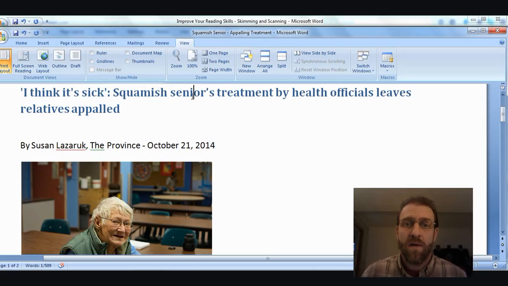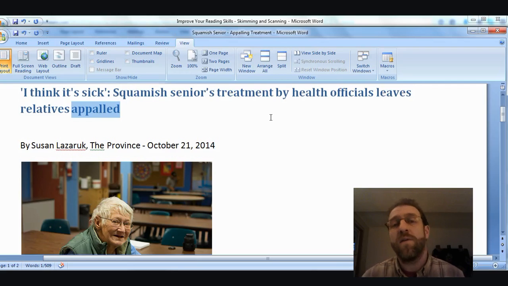Sick, senior, treatment, health, appalled. Now, appalled is a word that means very, very upset, not happy at all, even disgusted. So just from the headline, we know we've got a senior citizen, there's been some kind of treatment in the health field, and the relatives are appalled. So we know it's not going to be a very positive story.